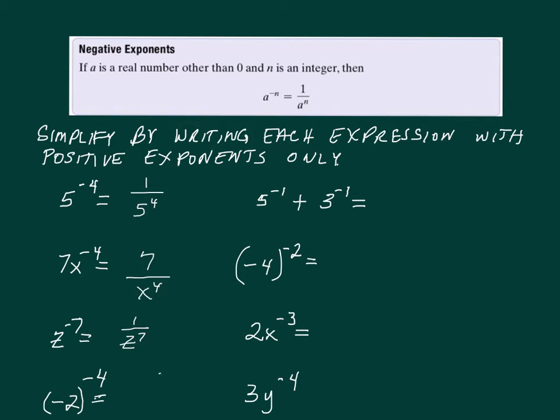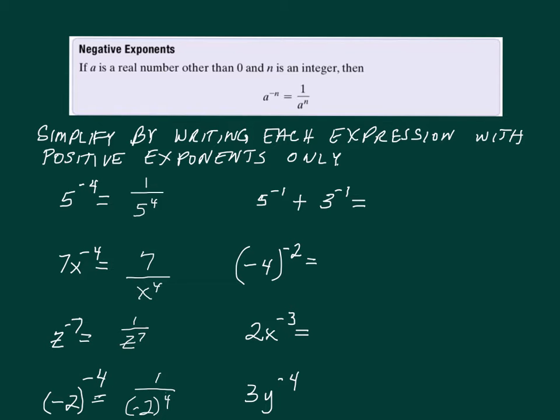So it becomes 1 over negative 2 raised to the positive 4th power. Okay? Notice I only switched it from the top to the bottom. I didn't change the sign of the base. All I changed was the sign of the exponent.